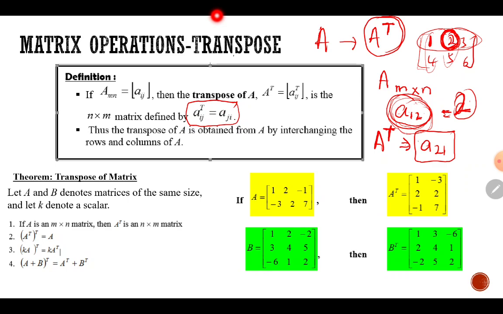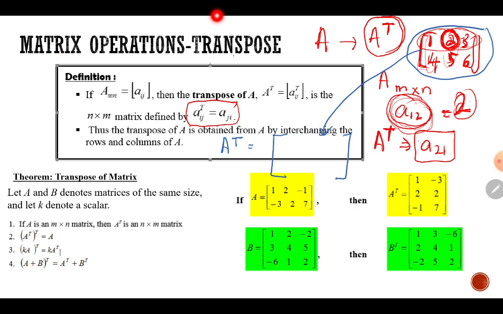Okay, maknanya matrix yang kita ada ni sekarang 1, 2, 3, 4, 5, 6 ni, this is matrix A kita. Okay, sekarang saya nak tunjuk you macam mana kita nak cari dia punya transpose. A transpose, dia senang je sebenarnya.